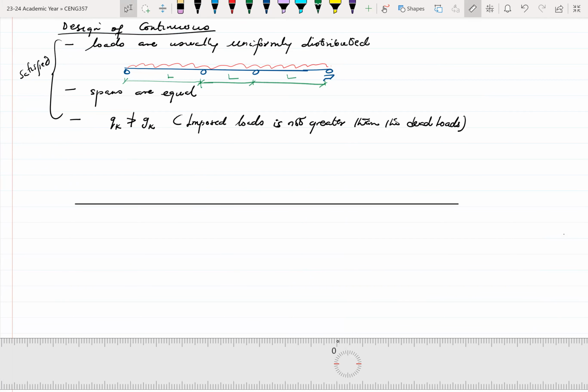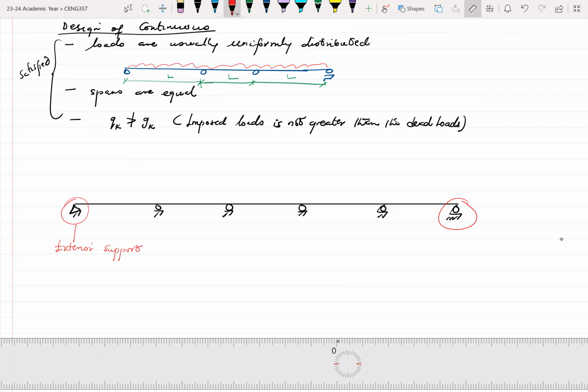All right. So let's say I have this beam. Let me just exaggerate it. These are my supports. Let's give them nice names. The supports at the ends are called exterior supports.